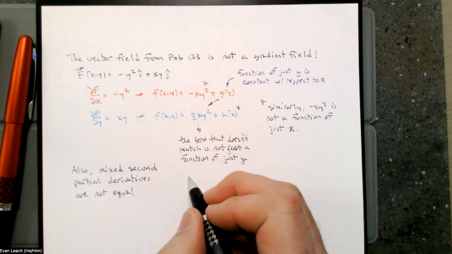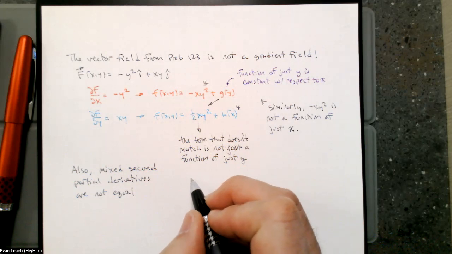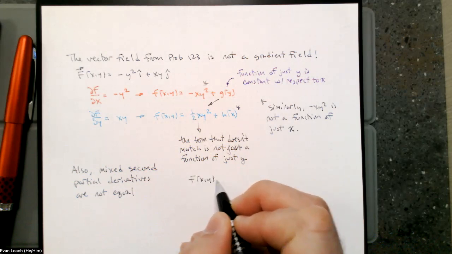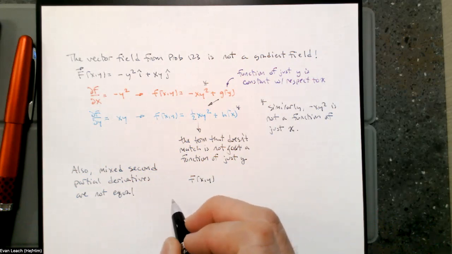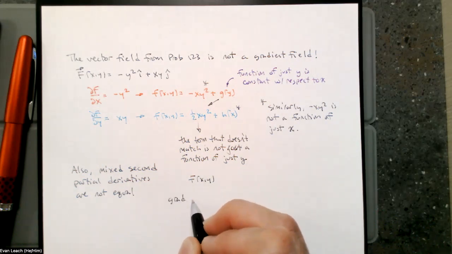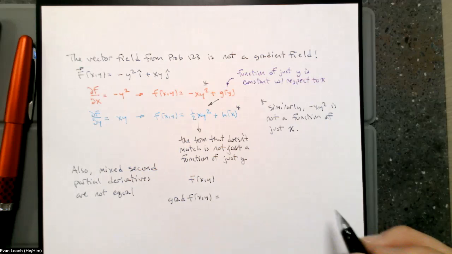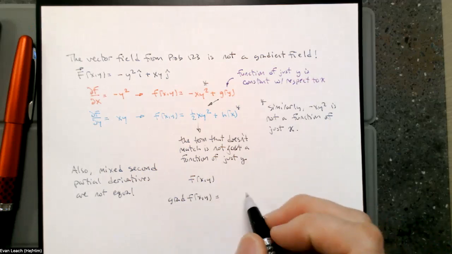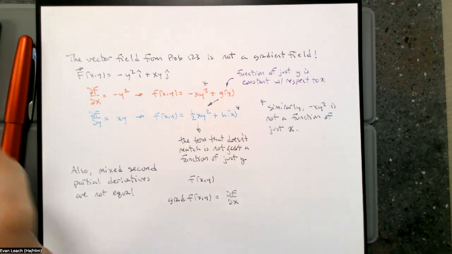So if we look at our vector field, if there's some potential function f of x y, and we want the gradient of f to be the partial of f with respect to x, I'm going to use the other notation.